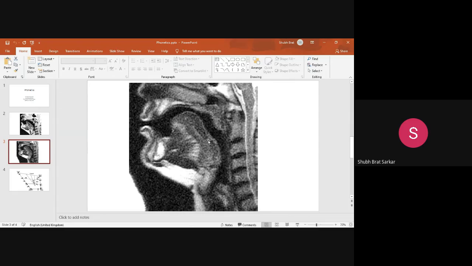So let us see how this articulatory process involves the articulators. The active articulator is further raised towards the passive articulator to a certain position.